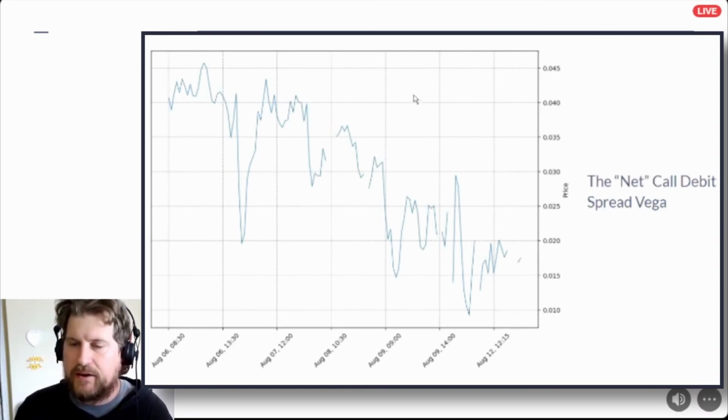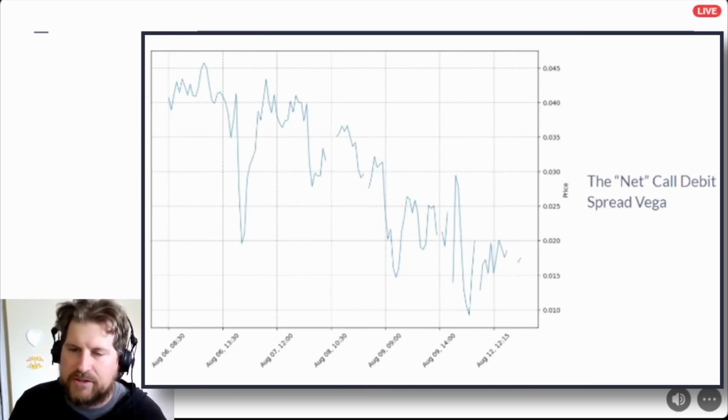And what's kind of interesting is that the net Vega on this call debit spread as time has gone on has gone down, but it started off really low anyway. So there just wasn't a lot of implied volatility impacting your option price in the first place, right? It's very easy to see, hey, this Vega dropped by more than half. What gives?